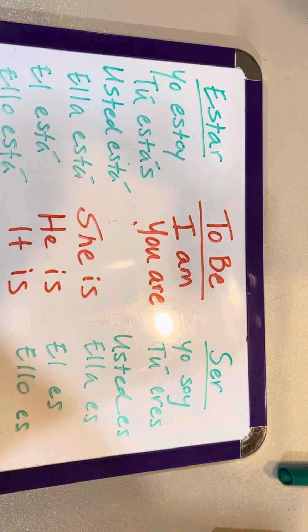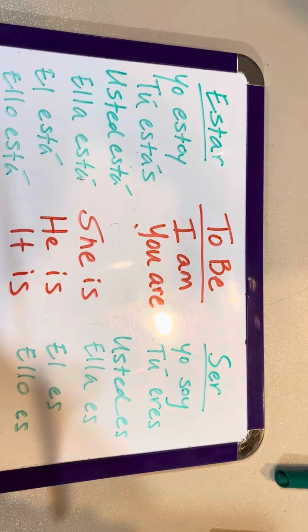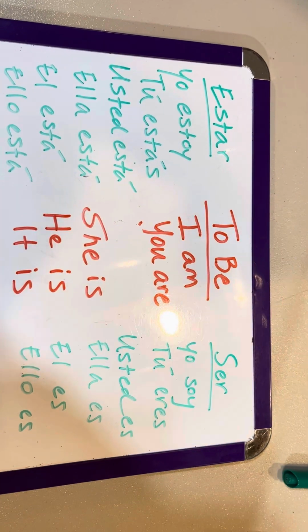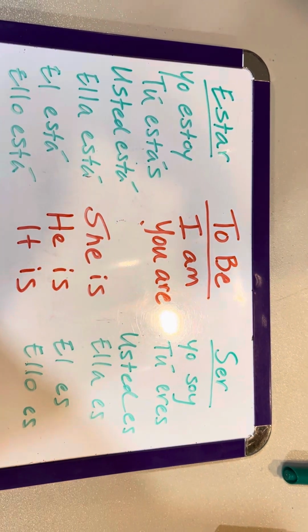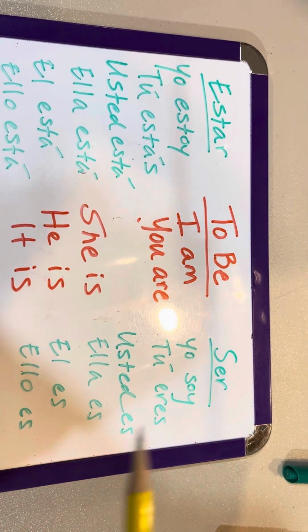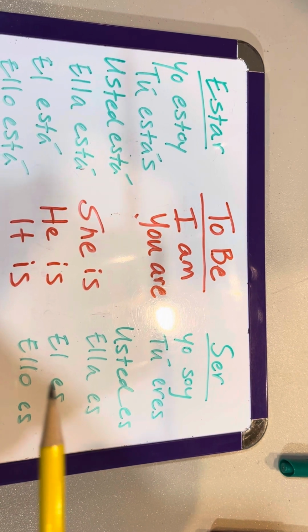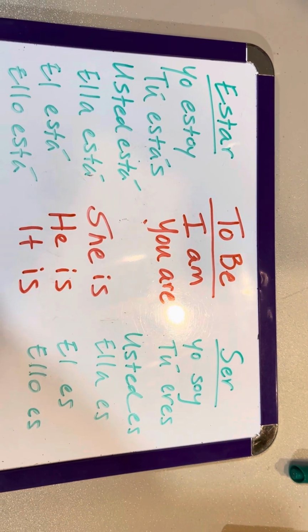Yo soy Ruthie, my name. Yo soy maestra, my position. Yo soy americana, my origin. Yo soy mujer, my gender. We also give time. We use es, or we use son. Es la una, son las once.